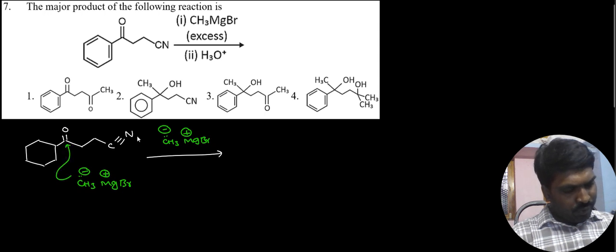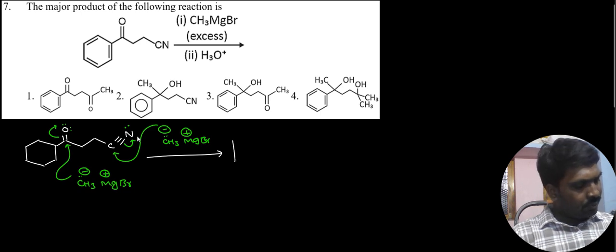It undergoes nucleophilic addition. O minus, MgBr plus.